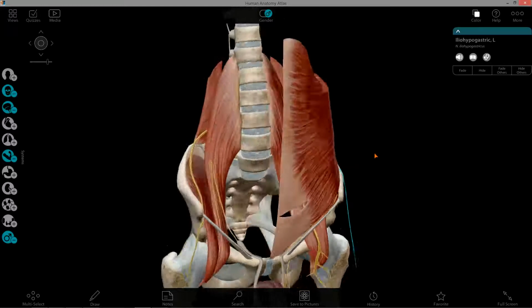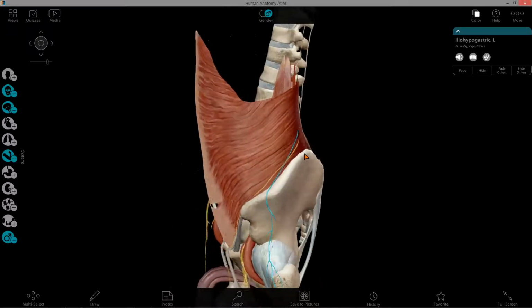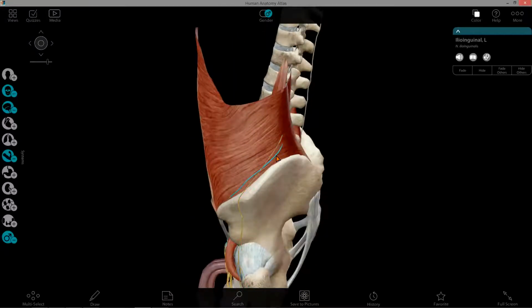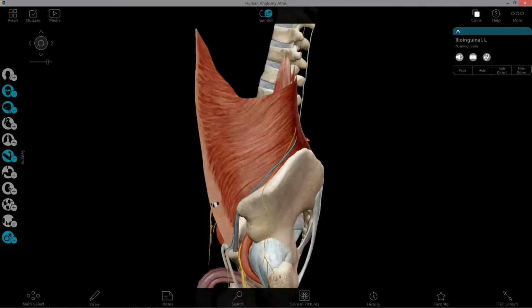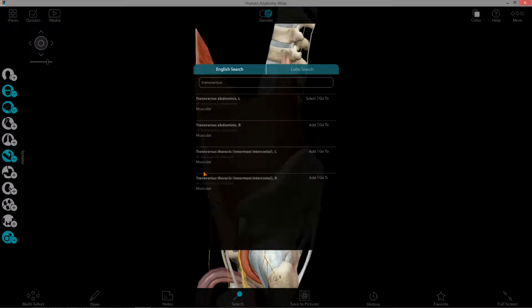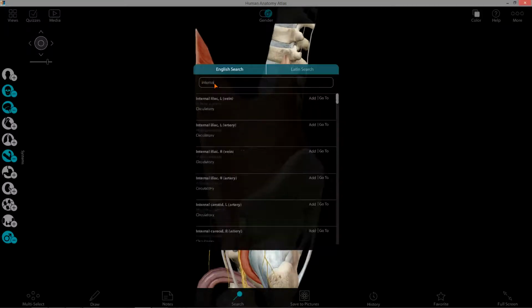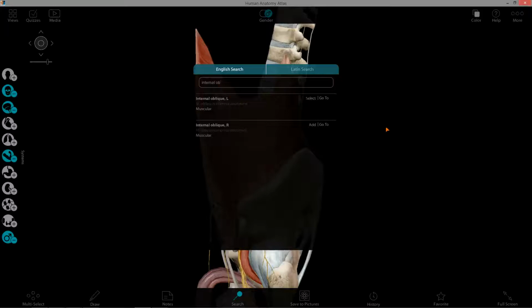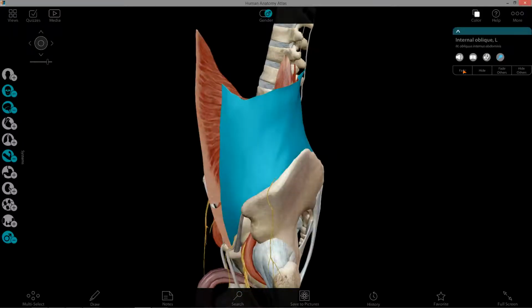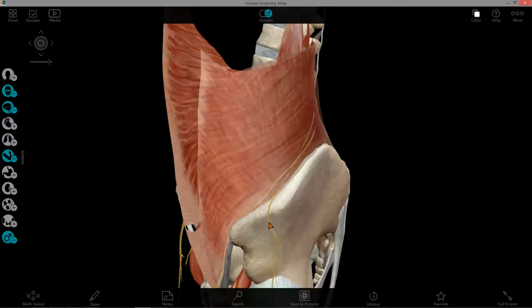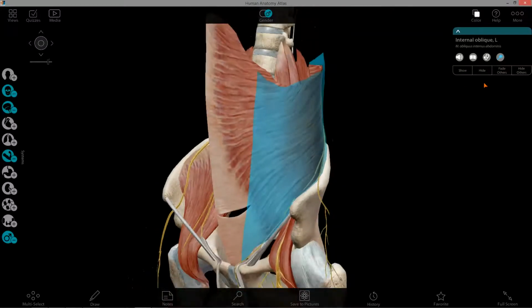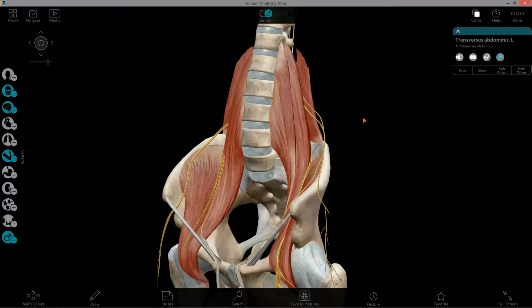The reason that I've added this is that it shows how the iliohypogastric and ilioinguinal nerves pierce the transversus abdominis, but then they lie between the transversus abdominis and the internal oblique, so you can no longer see them. And if I fade the internal oblique, you can see how these nerves lie between those muscular sheaths, in that space that exists between those two abdominal muscles. So I'm going to hide those now, now that I've demonstrated that.